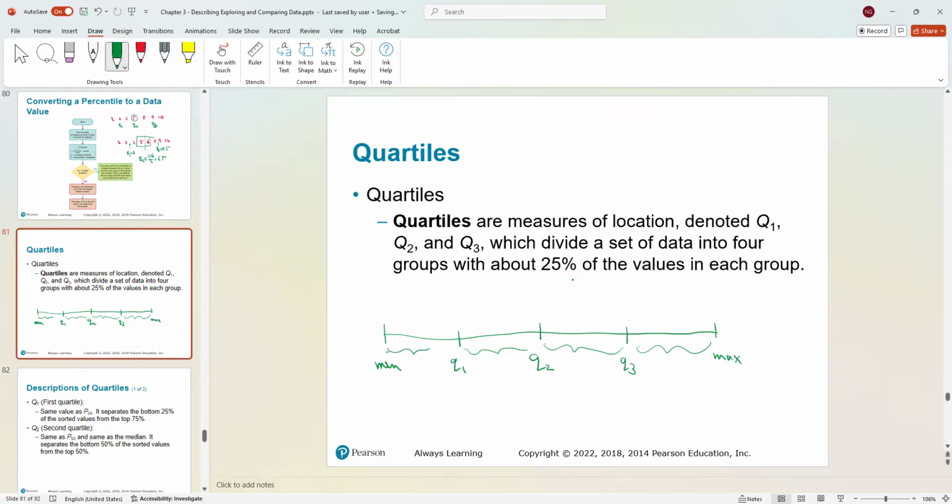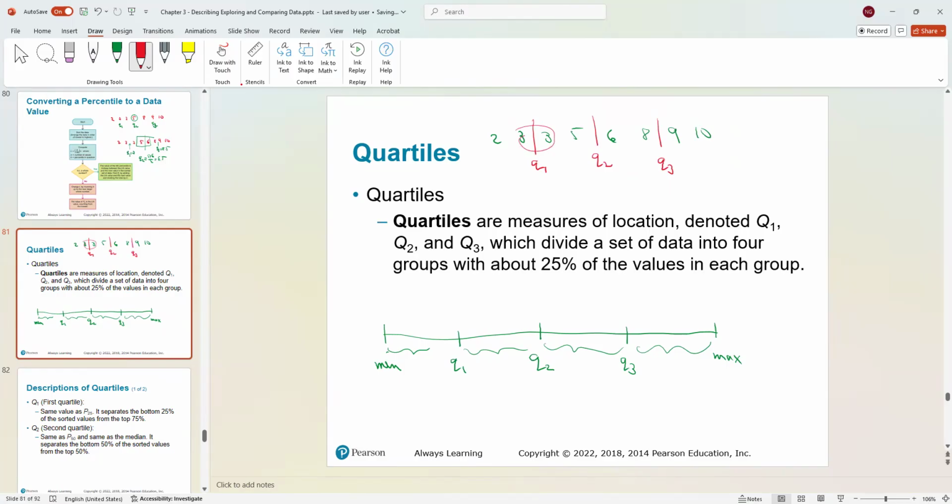So if you have 2, 3, 3, 5, 6, 8, 9, 10, we know divided at 50%, that's where you're going to have Q2. The lower half is where you're going to have Q1. And over here, that's where we're going to have Q3. Now you need to take the mean of these two.